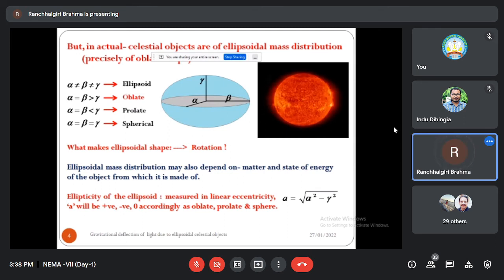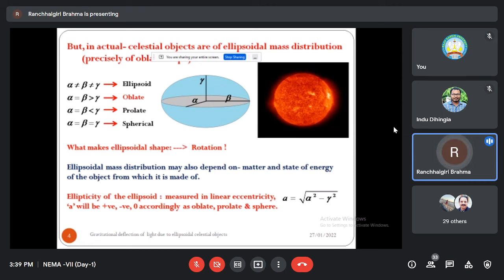In an ellipsoid there are three axes: alpha, beta, and gamma. When alpha is equal to beta and greater than the third axis gamma, it is known as oblate. When alpha is equal to beta and less than gamma, it is known as prolate.